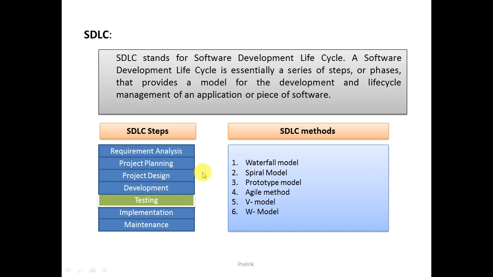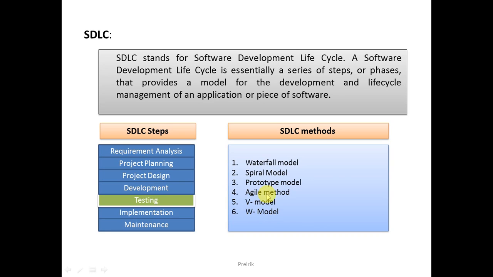Even nowadays, there are many companies who use the Waterfall model. And then the spiral model, prototype model, agile model, V model, W model. Many companies are working especially on the V model, W model or agile model. We'll explain all of this.